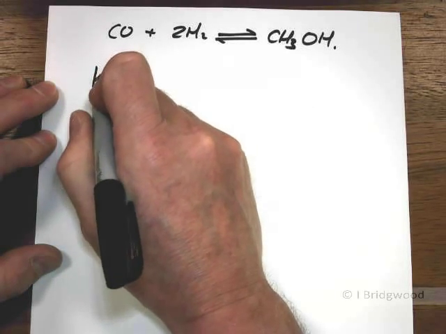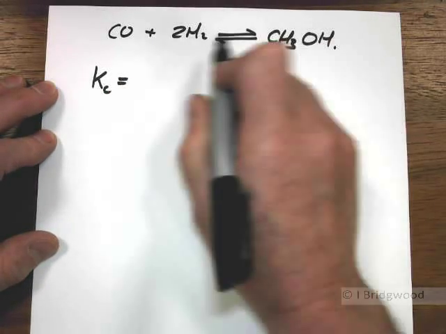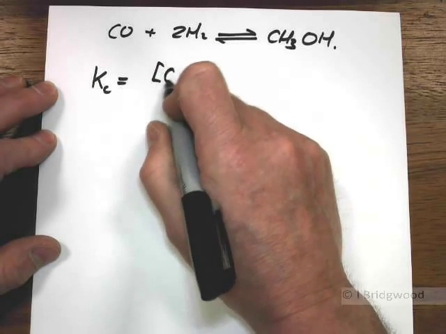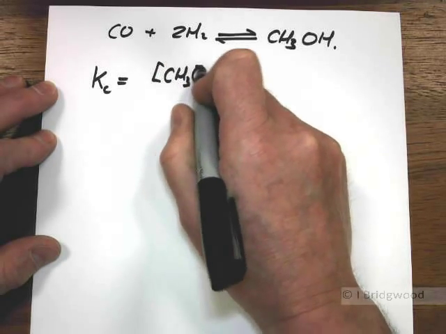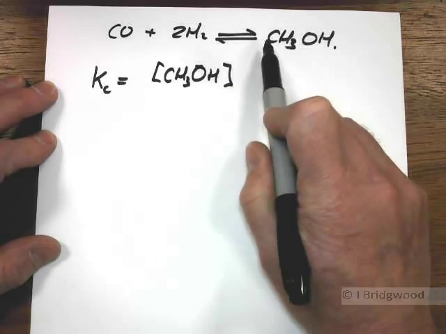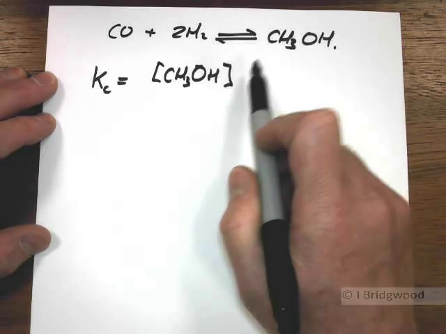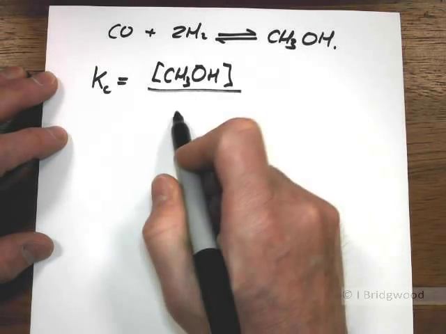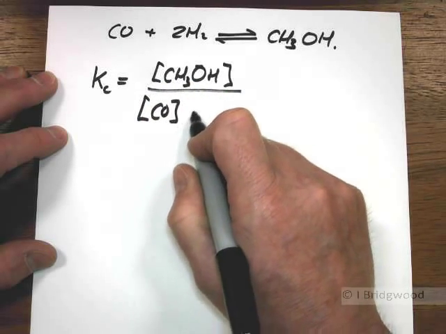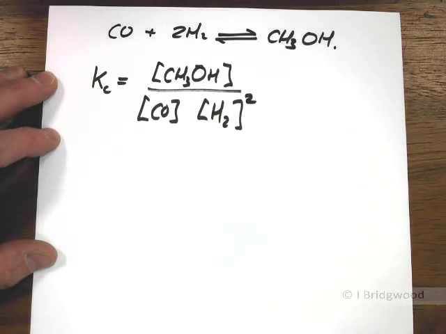Well, Kc is going to be equal to the concentration of the products over the concentration of the reactants, here CH3OH. Stoichiometry is a 1 to 2 to 1 ratio, so in this particular case we've got it to the power 1, divided by concentration of carbon monoxide multiplied by concentration of hydrogen squared, like that.